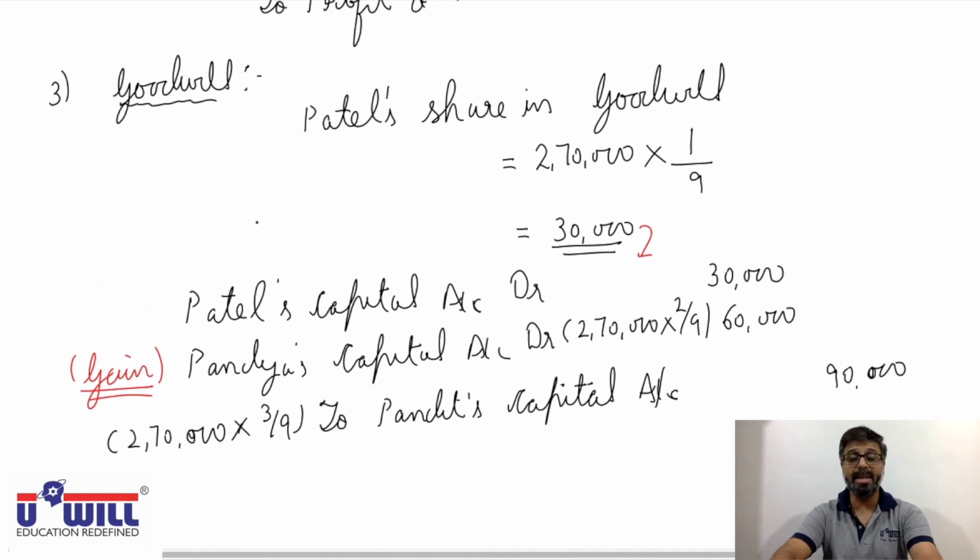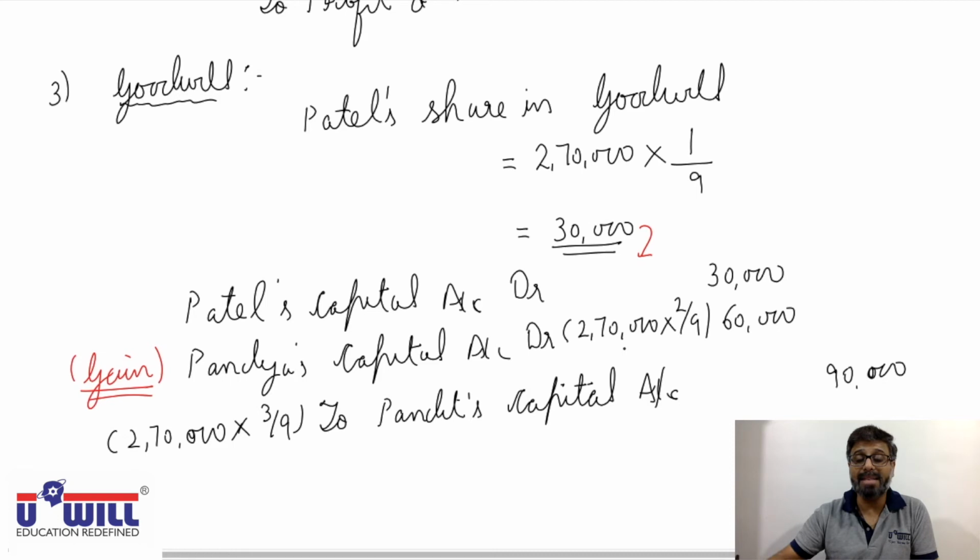Okay. So once again everyone remember, normally if the new partner does not bring his share of goodwill in cash, the entry is new partner's capital account debit to old partner's capital account in sacrifice ratio. But if any of the old partners is not sacrificing, rather gaining, then instead of crediting, that old partner which is gaining will also get debited. Here Pandya is not sacrificing but gaining, so even Pandya's capital account will get debited in the gain ratio.